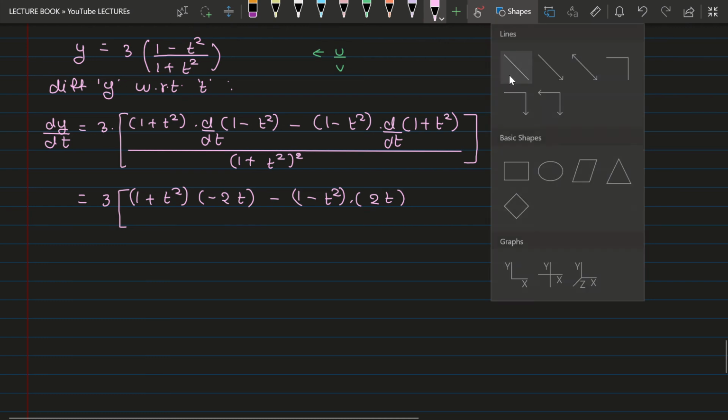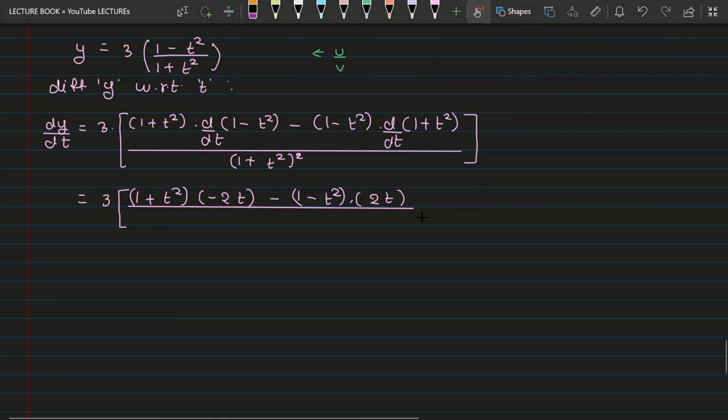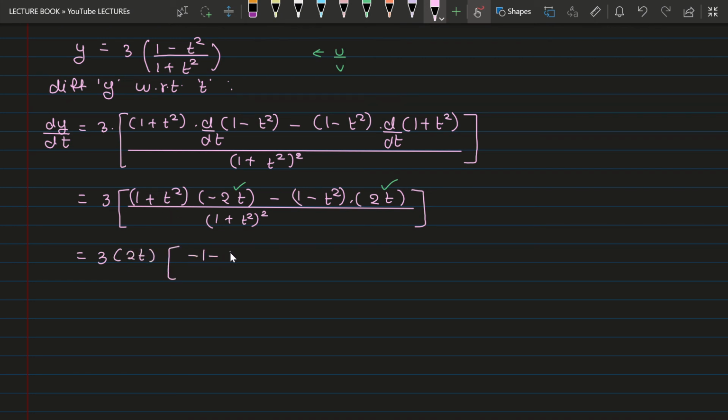And I get whole upon 1 plus t square the whole square. Now guys, what we can do is I can take out this 2t common from both the terms, being careful with the minus signs over here. This becomes minus 1 minus t square. This is minus 1 plus t square, upon 1 plus t square the whole square.